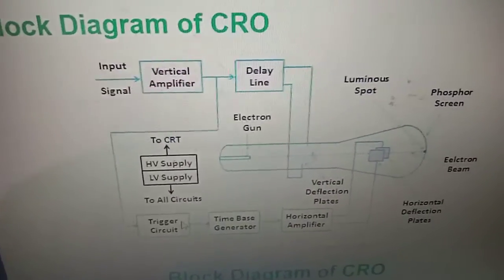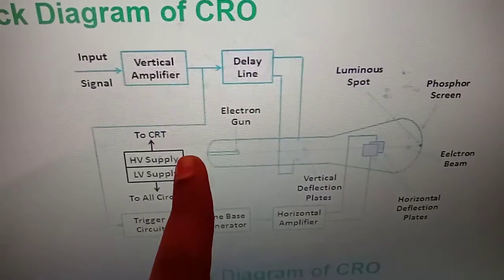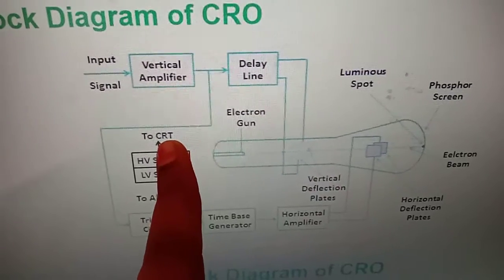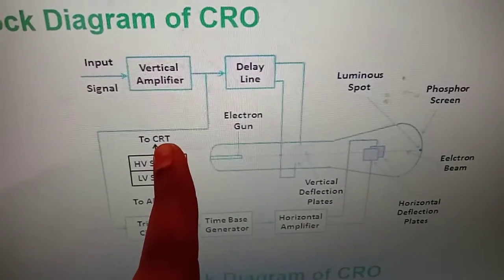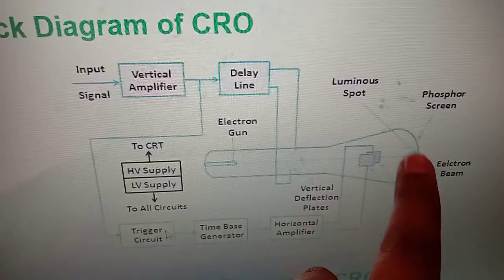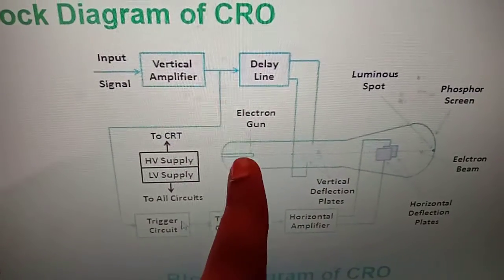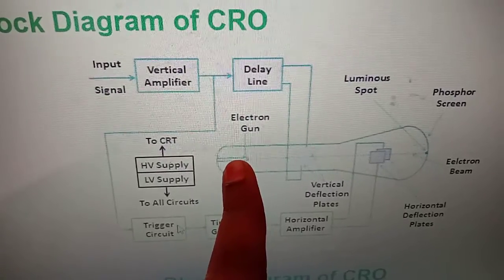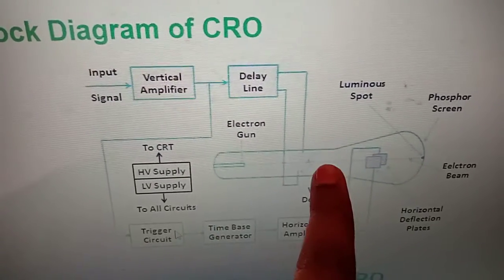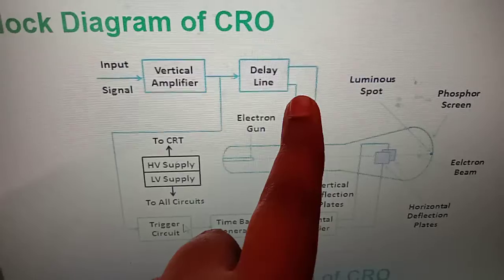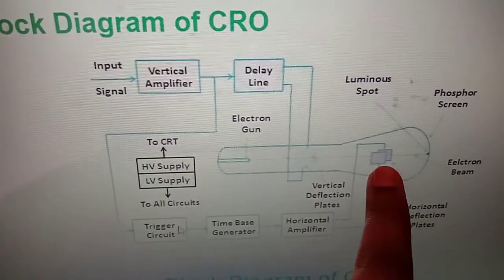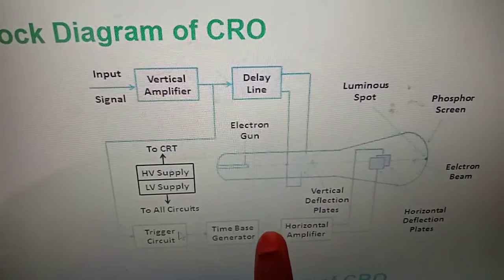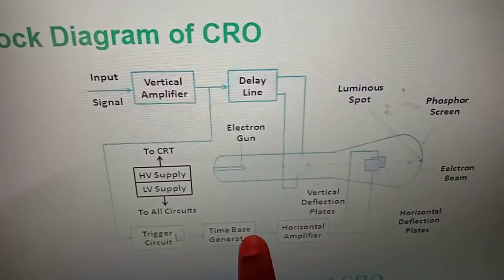For giving the input signal we are using the CRT, the cathode ray tube. Through this, the electron gun is used to inject the electron beam into the cathode ray tube. It has 2 sections, vertical and horizontal. In the vertical section we have a delay line, and in the horizontal section we have a time base generator.